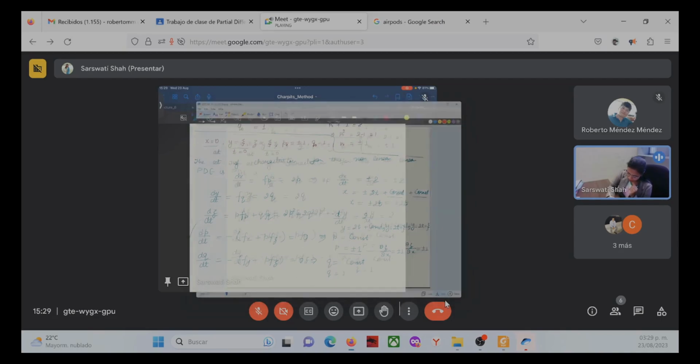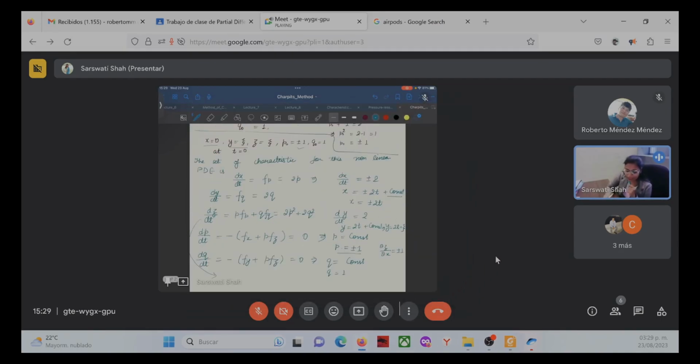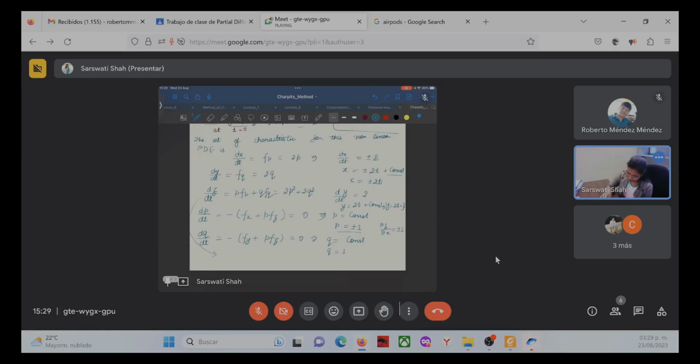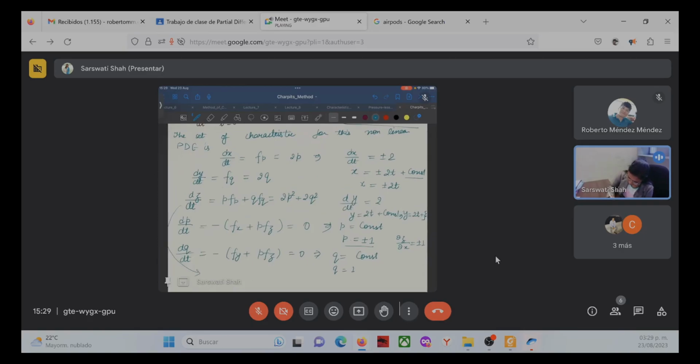And then please solve it for z. That is very important because basically our aim is to find out the value of z in terms of x and y. So dz over dt gives 2p square is 1, q square is 1. So 2 plus 2, that is 4.